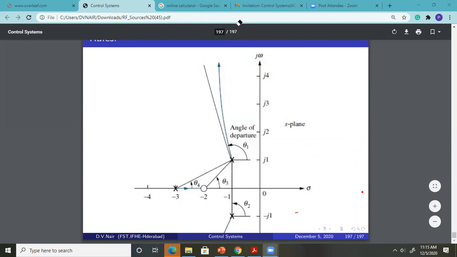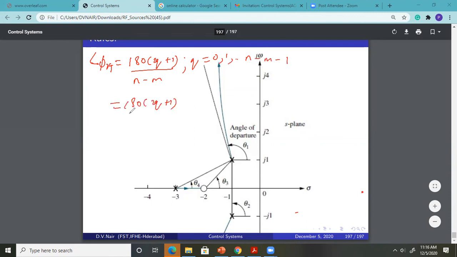And what are the directions of asymptotes, Ben? Quickly, before we run out of time. Angle of asymptotes, phi A, is given by 180 degrees into 2q plus 1 divided by n minus m, where q runs from 0, 1, up to n minus m minus 1. Here n minus m is 2, so it becomes 90 into 2q plus 1.